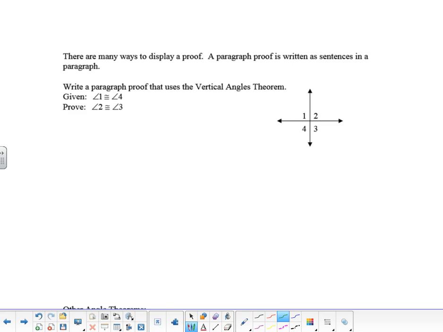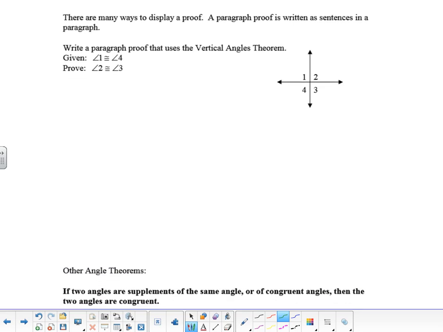So I'm going to give you a few other ones here, and we're going to use the vertical angle theorem in this proof. Now there's a bunch of ways to display a proof, and a paragraph proof is written as sentences. So we could write a paragraph proof to prove this one.